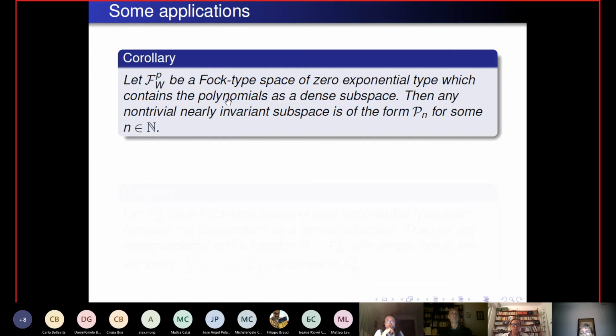But then you cannot have anything else because they're supposed to be totally ordered. So whatever other subspace you take, and if you compare it with a Pn, either it contains it or it's contained in Pn. What is contained in Pn is certainly some other Pk, and if it contains all the Pn's, then it contains all the polynomials and it's trivial. So this is a very simple consequence.